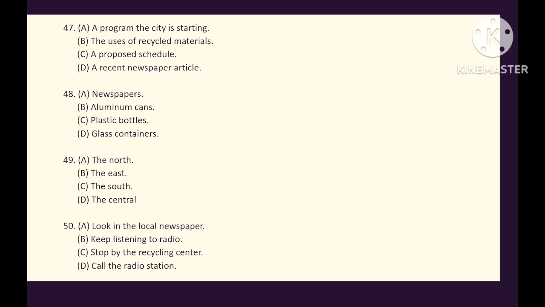Number 47. What is the main topic of this talk? Number 48. Which of the following must be brought to the city's facility on Pine Street to be recycled?